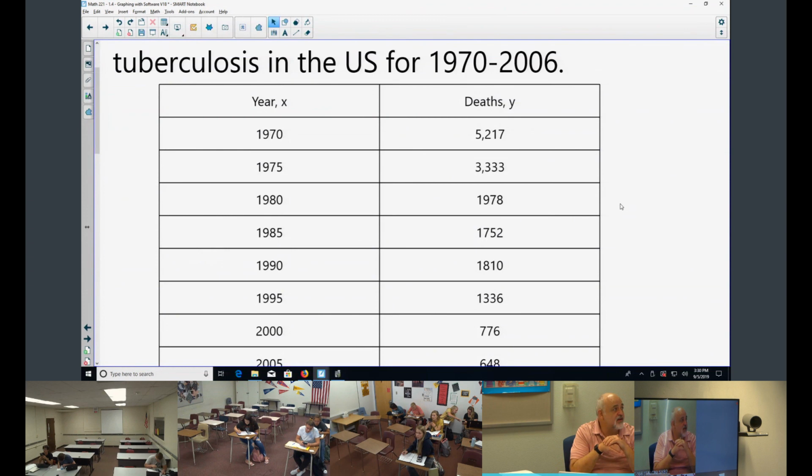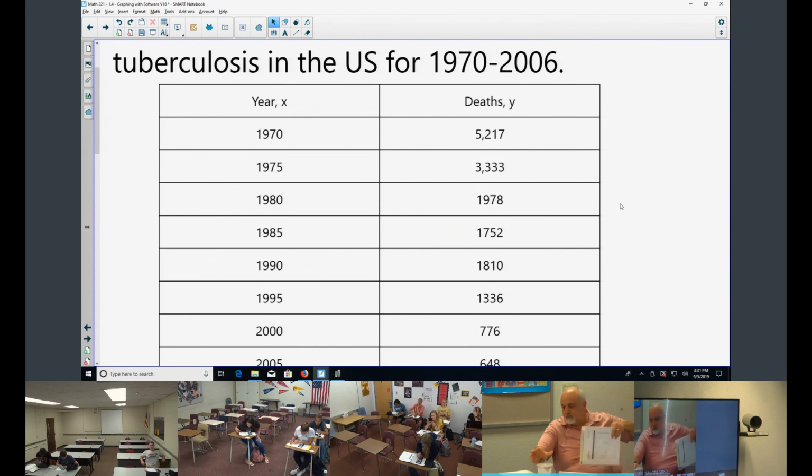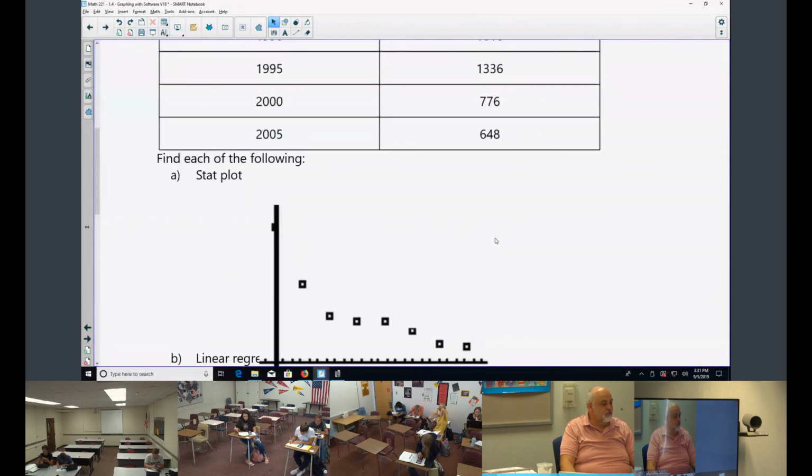Okay, let me know if you get stuck at all. Okay, so your stat plot should look something like that when you do zoom stat.